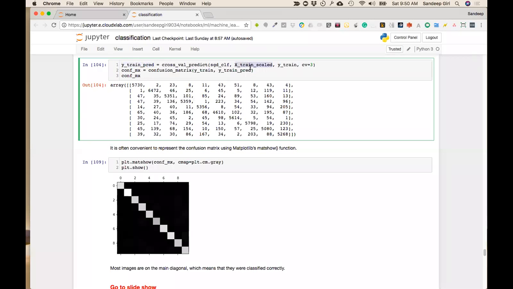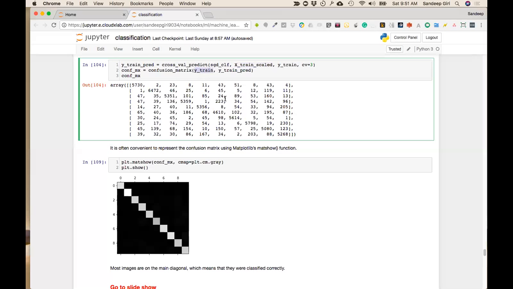For each of these x, what is the y that is predicted? For each pair, we have the original values and the predicted values.